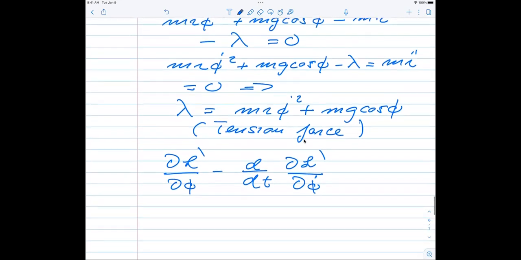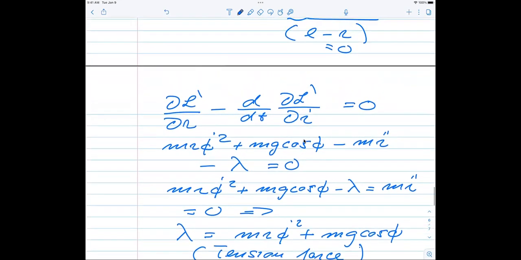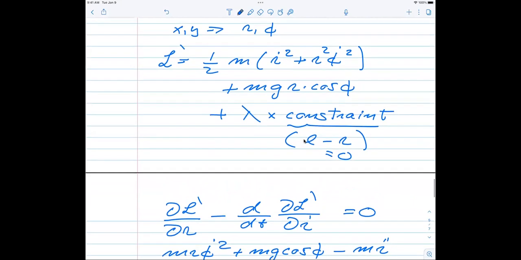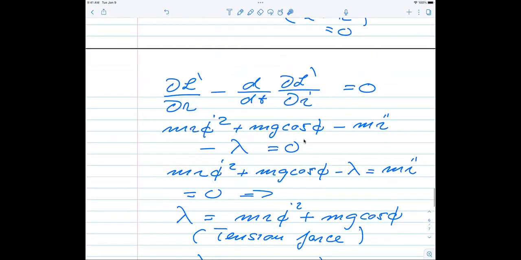Now in this particular case, the constraint has no dependence on the angle phi, it's only two constants. Then we have an angular dependence here, and we have an angular dependence in here. So that means that one of the terms is going to give us a sine term.